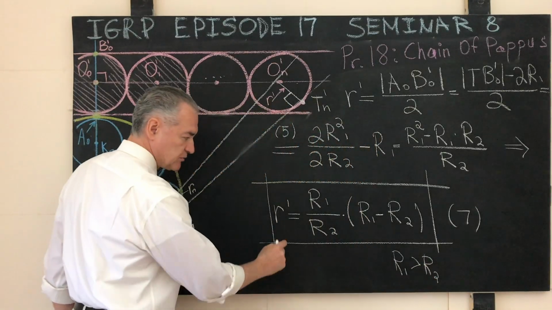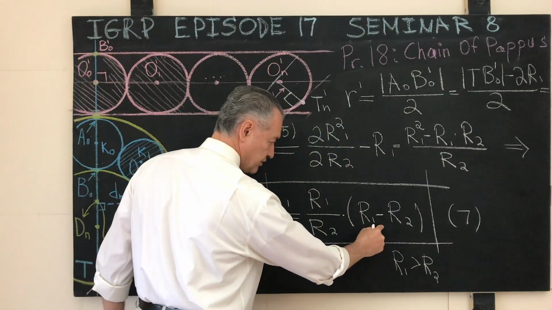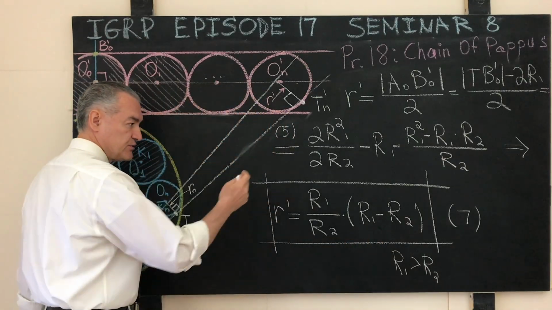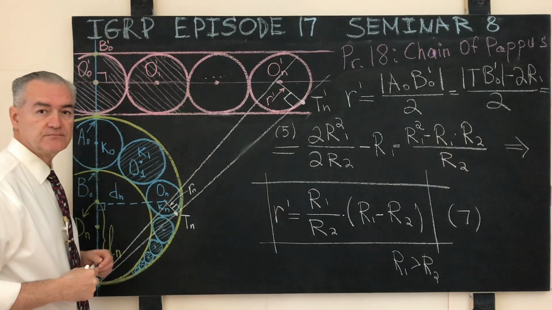So when it comes to distances, this is a real and always strictly positive number. So this will be our relation number 7.